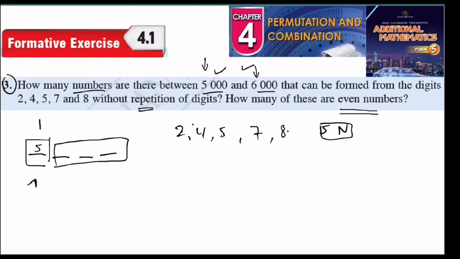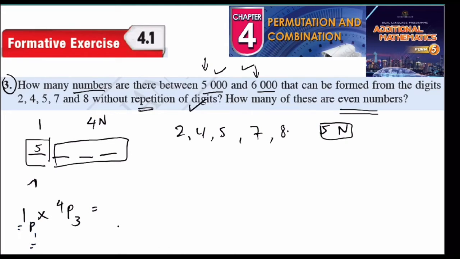And then for the balance, we can use all the digits except 5. So we have 5 minus 1, which is 4 digits left over. Hence we have 4 digits to be used for the 3 spaces. It's 4P3, right? Since we have one 5, we can say 1P1, one way to start, and 4P3 ways to arrange the next 3 digits.